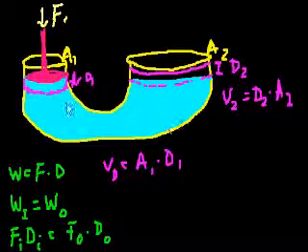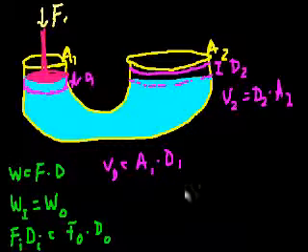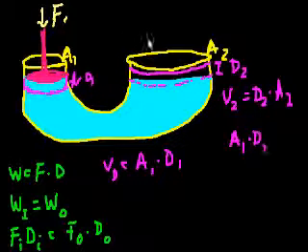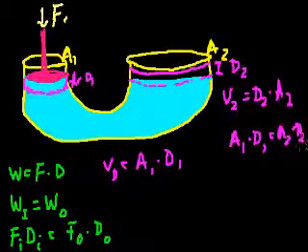And we know that this liquid is incompressible, so this volume has to be the same as this volume. So area 1 times distance 1, this area times this distance, is going to be equal to area 2 times distance 2.